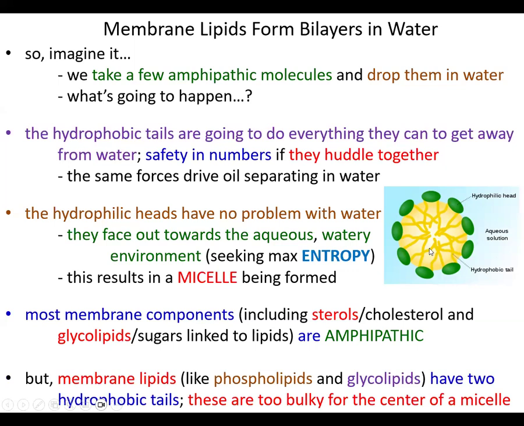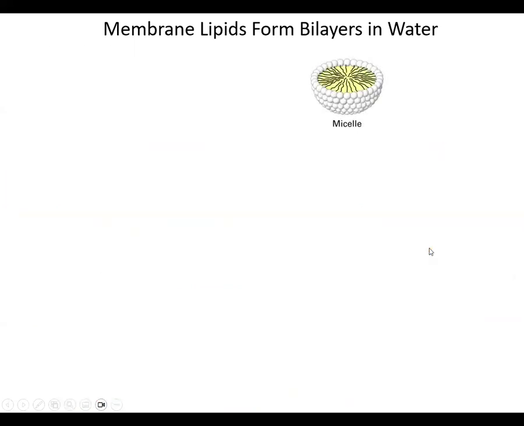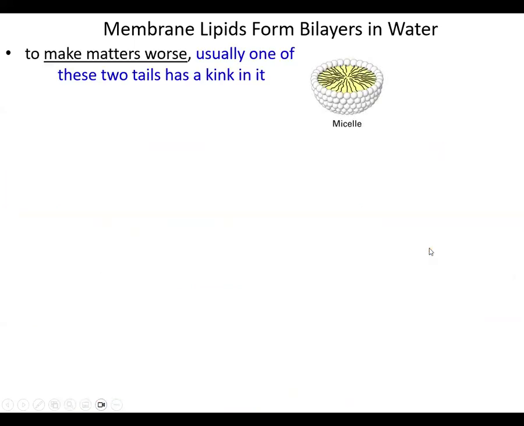And what I've kind of been alluding to here is that the examples I've been giving were for one hydrophobic tail. So if you have two hydrophobic tails, especially if one of those tails is kinked and not straight and linear, that rapidly gets to be too much hydrophobicity to fit in the center of a micelle. So micelles only work with short hydrophobic tails, saturated hydrophobic tails, and or single hydrophobic tails.